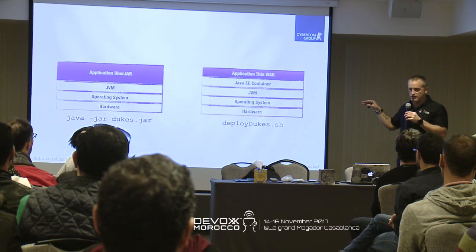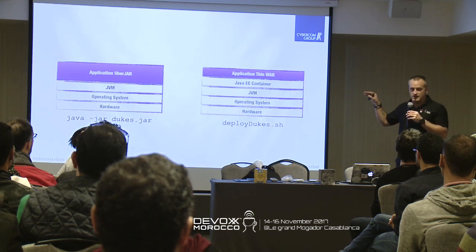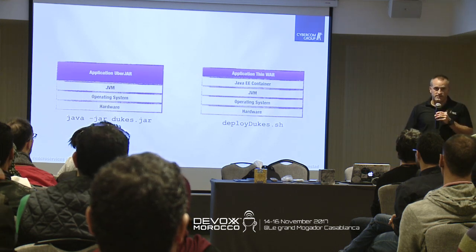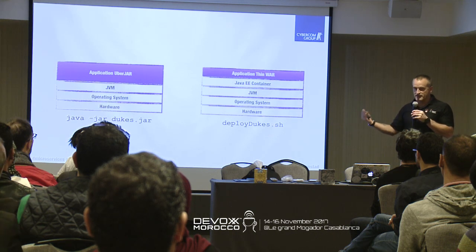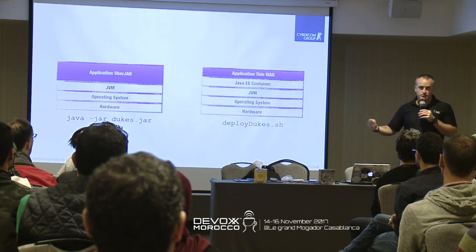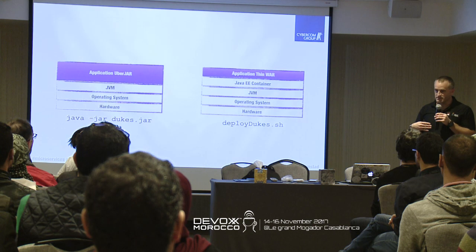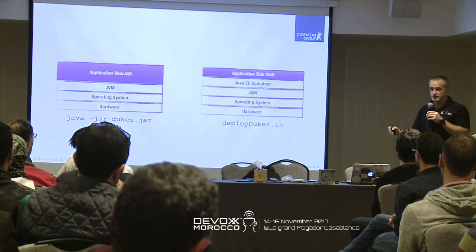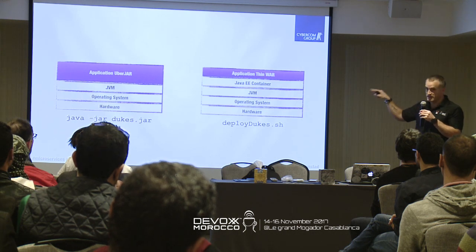But in this case, we also add another layer typically called the application server or the Java EE container. And the container contains capabilities and stuff that you would need to run your application. So you don't need to repeat yourself and write it for every service. And you don't need to bundle it into your application because it can just use the services of the underlying mechanism.